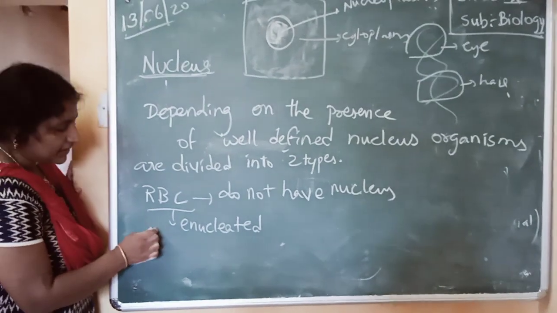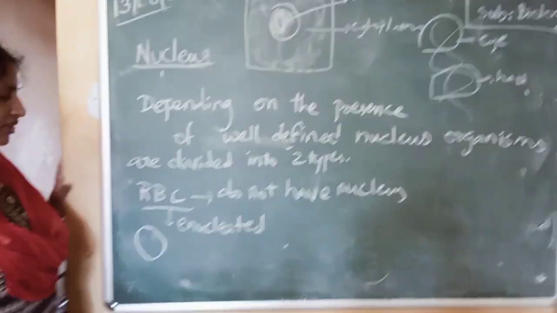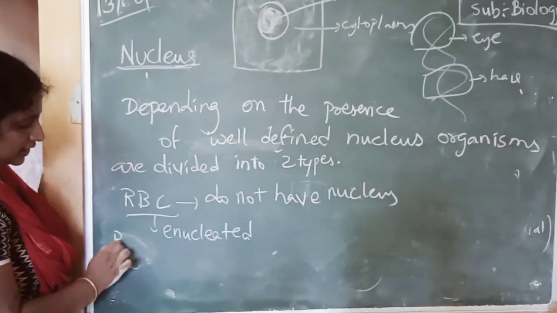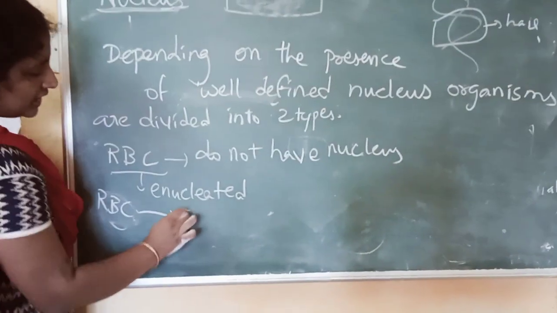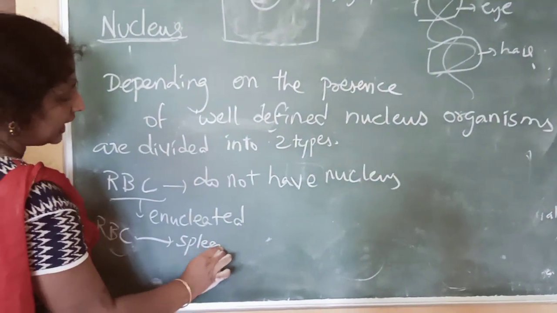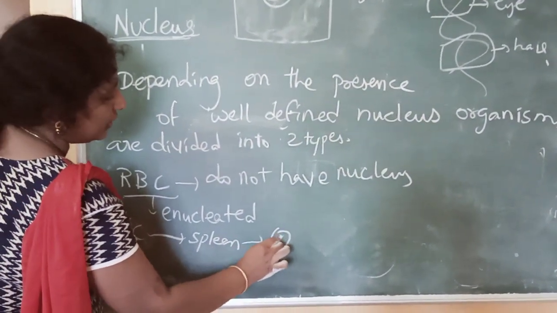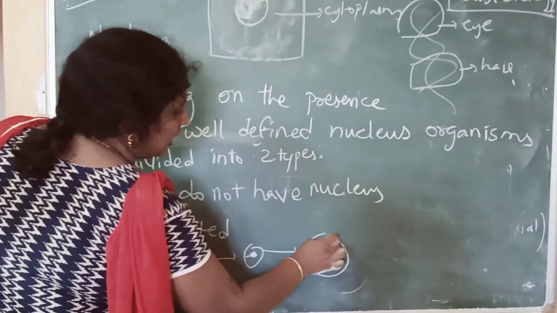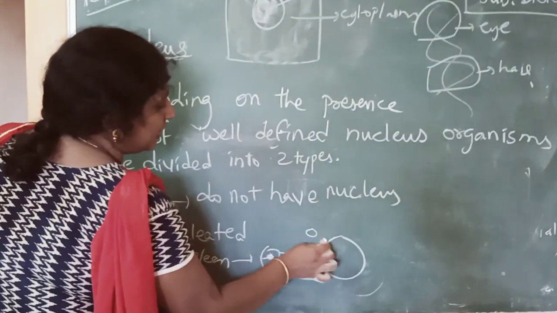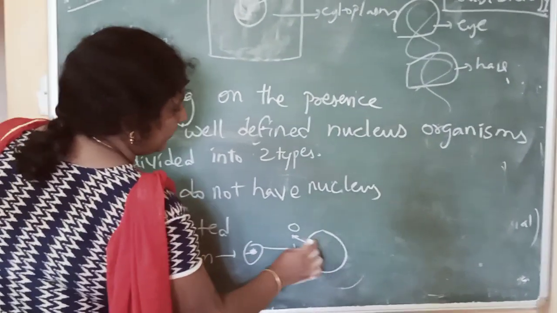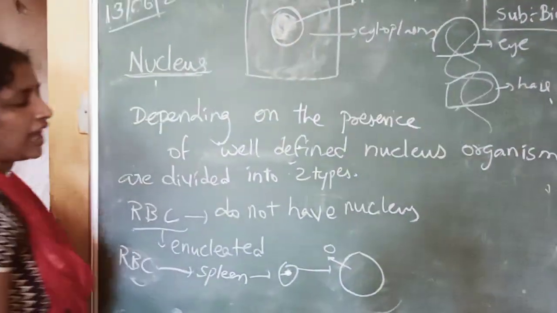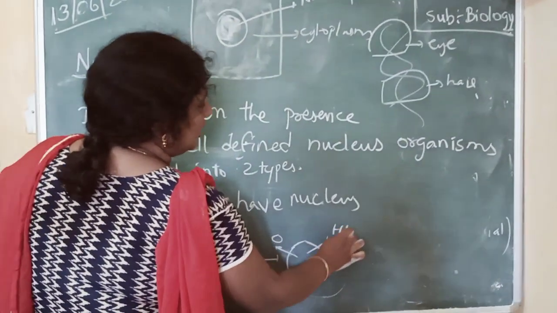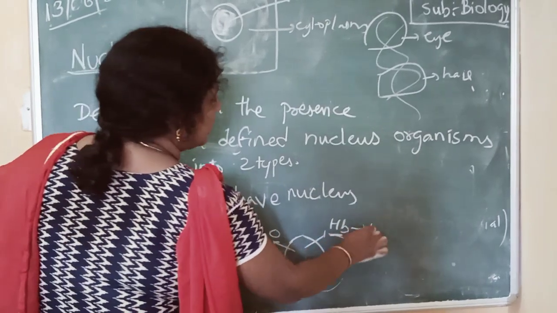Why do RBCs not have a nucleus? RBCs are produced from the spleen. At that time RBCs will have a nucleus. But after they grow and become mature, the nucleus is removed. Why? Because RBC contains hemoglobin, and hemoglobin carries oxygen.